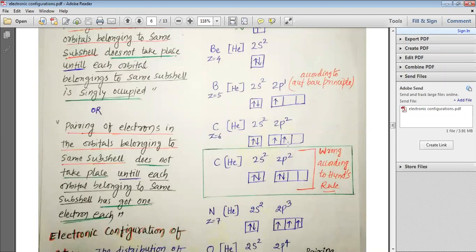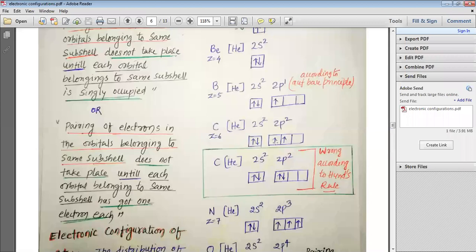Now we cannot write 2p2 as shown under the box covered with a green line, filling both electrons by pairing into the first orbital, because these 2p orbitals are 2px, 2py, 2pz.